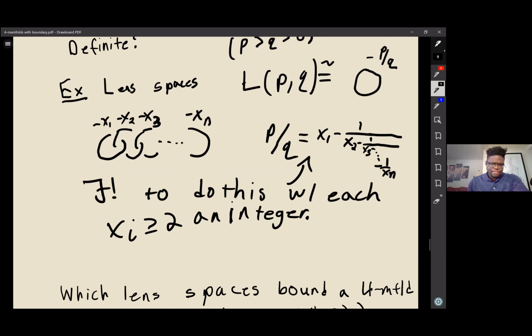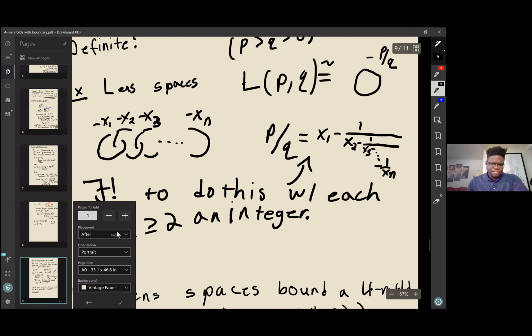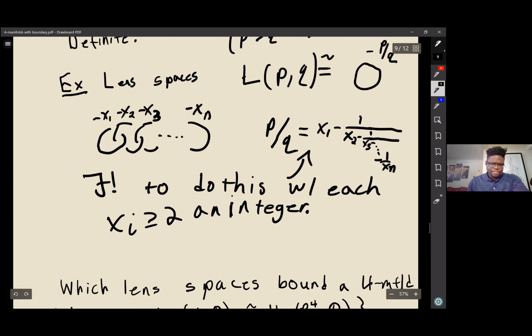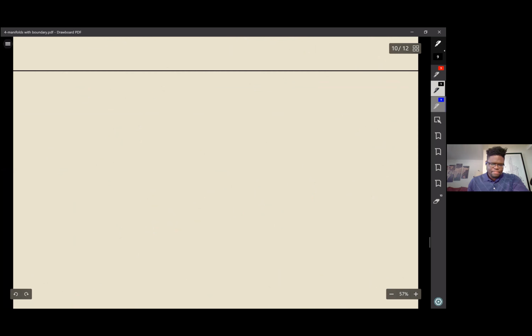I'm running short on time here, so I'll do one quick example. Let's try and understand L(5,4).